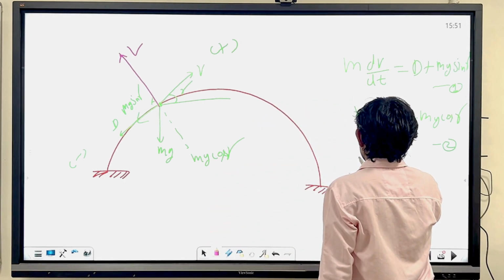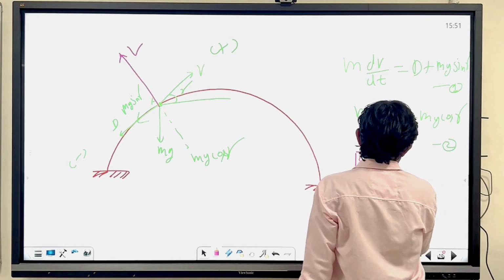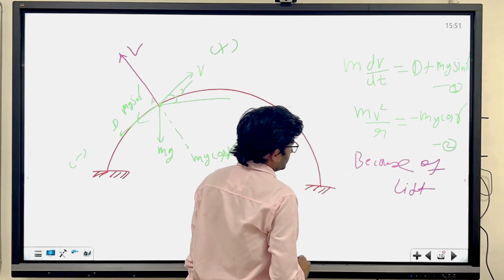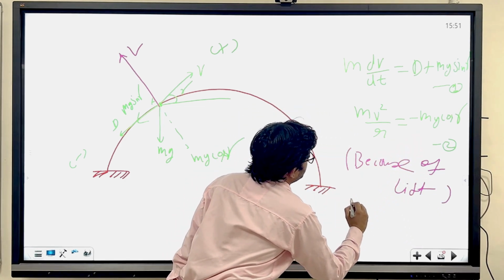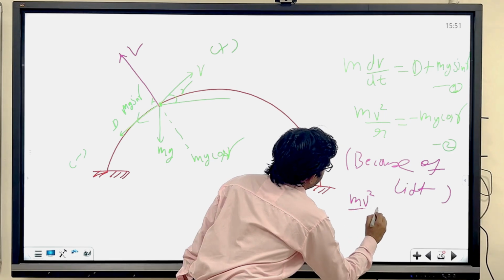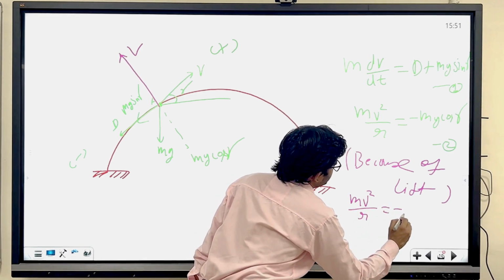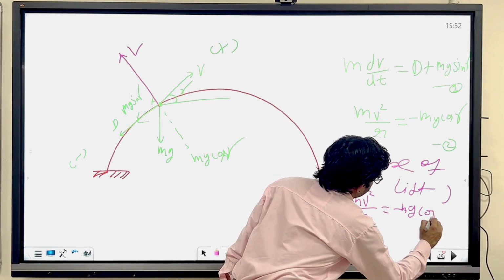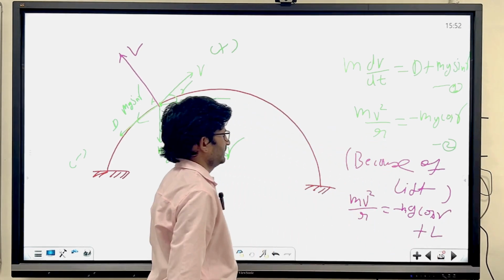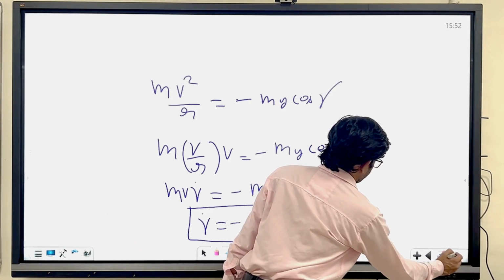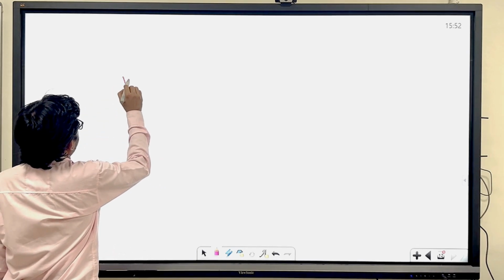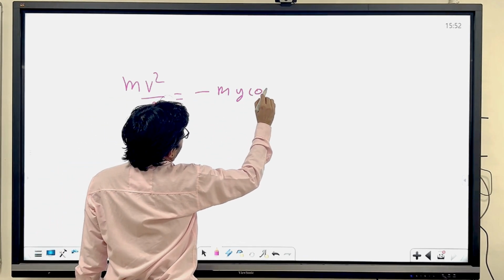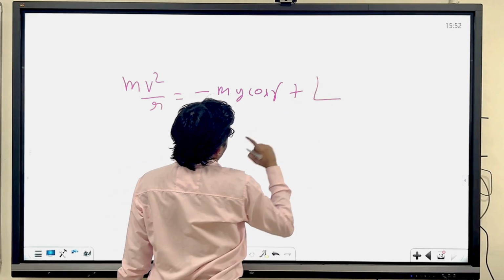Because of lift, you can change the equation to mV square by r equals minus mg cos gamma plus lift.